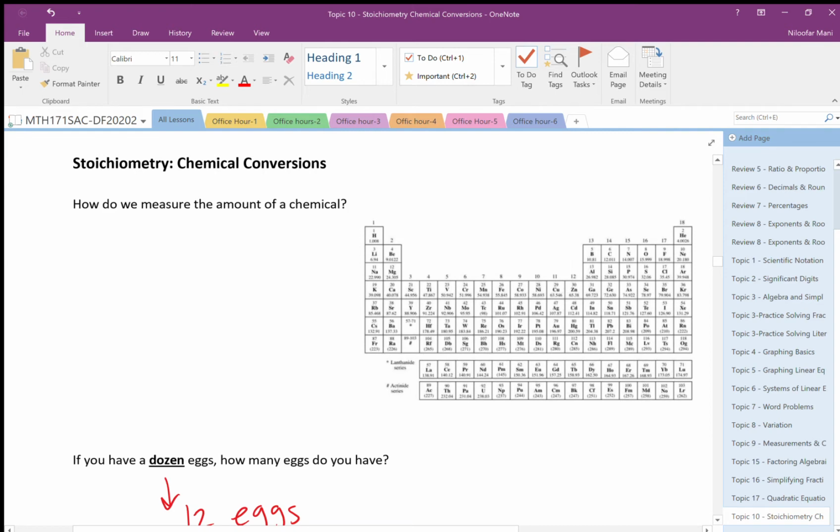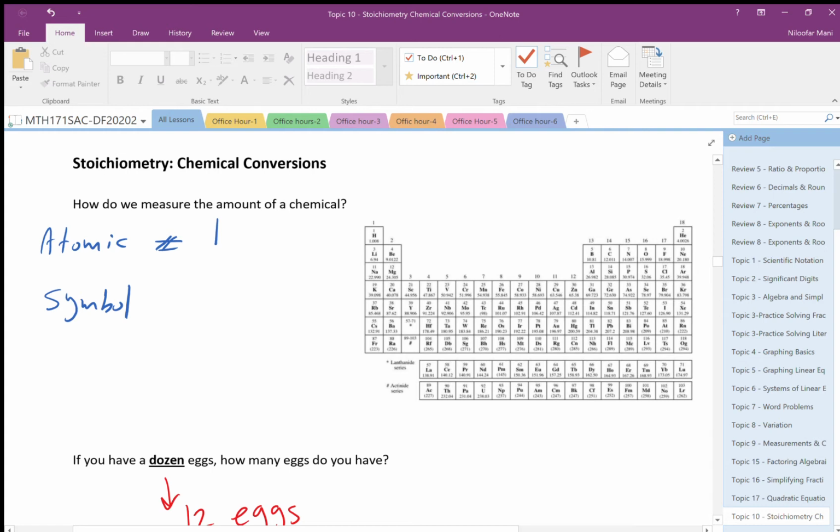Okay, so as you can see in the periodic table, you see numbers. For example, here you see hydrogen. This is the atomic number, and the atomic number is 1. Then you have 2, and 3, and 4, 5, 6, 7, 8.